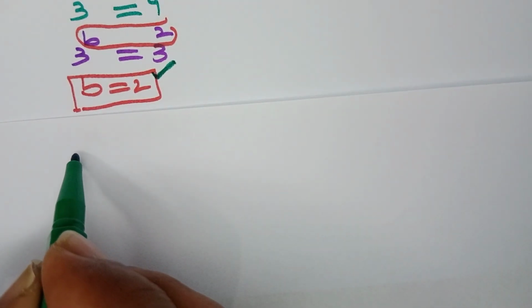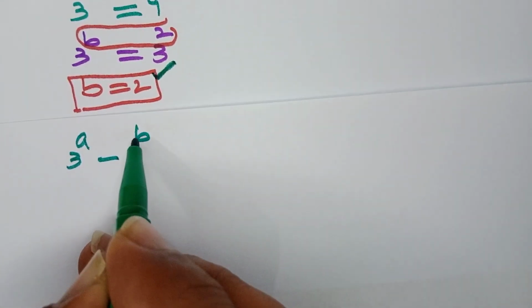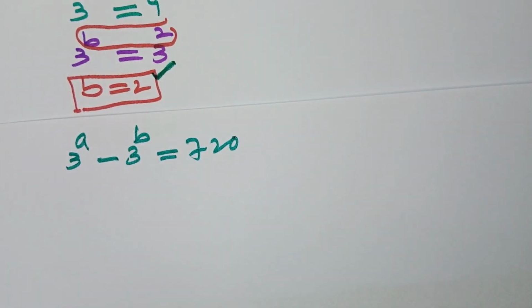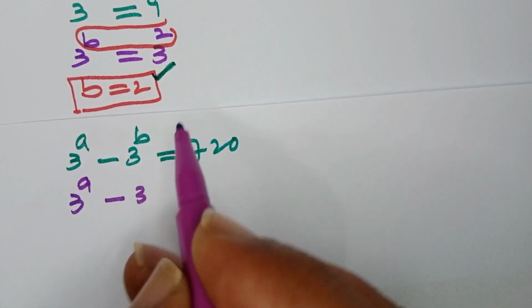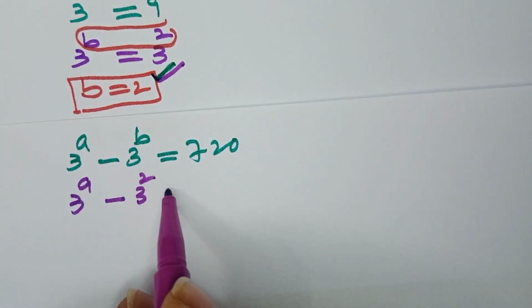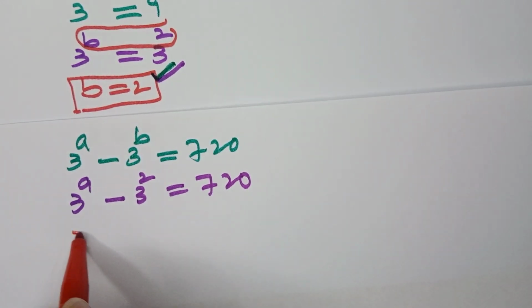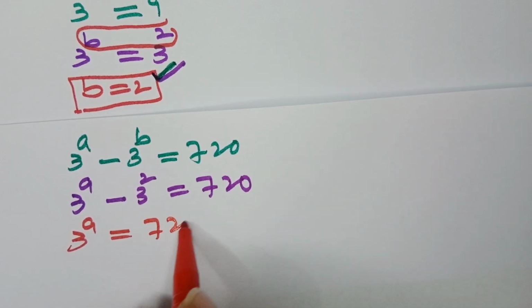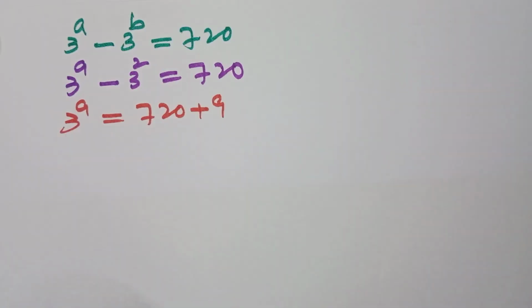So equation a is 3 power a minus 3 power b is equal to 720. 3 power a minus 3 power 2 is equal to 720. Now 3 power a is equal to 720 plus 3 square, 9.